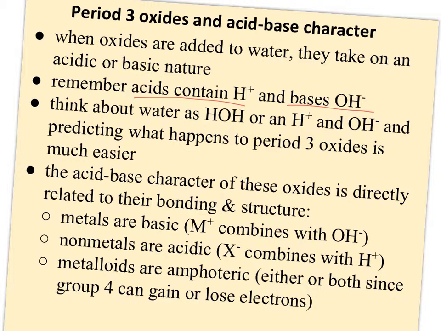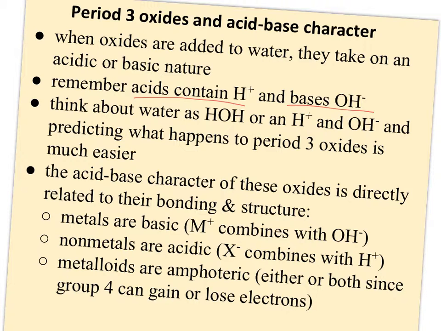The other thing to remember is water is really HOH, or H+ and OH-. I know it bonds covalently technically, but it really is a fine line between whether it's a covalent or an ionic substance. So think about it as being HOH, or a positive and negative ion, and then predicting what happens to your period 3 oxides is much easier.